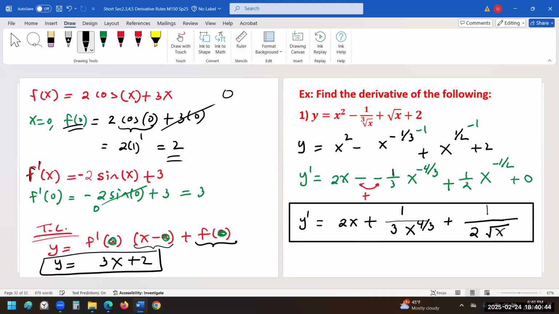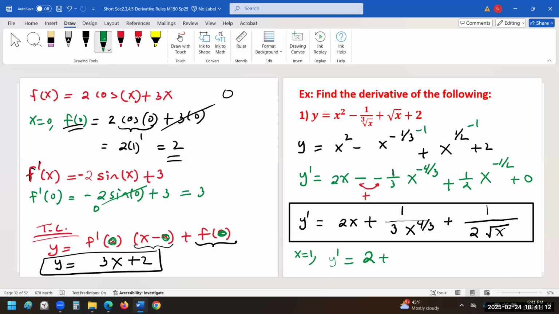And now I'd like to do one more thing. Let's say I'm telling you your x is 1. Then what would be the derivative when x is 1? The first one is easy, right? 2 times 1, 2. And when x is 1 in the second term, the whole expression becomes what?